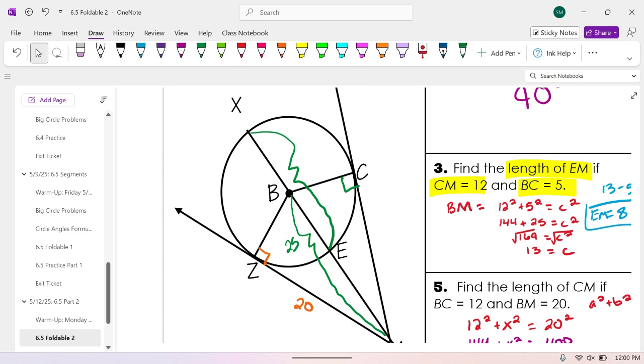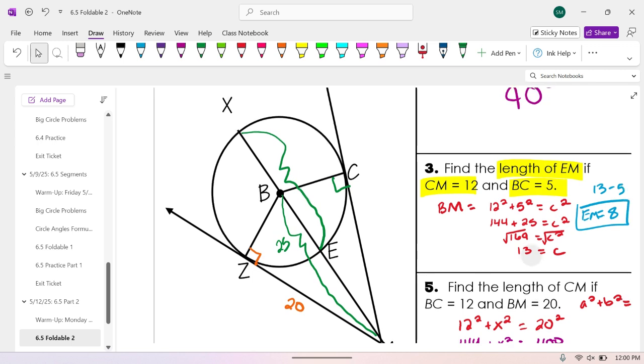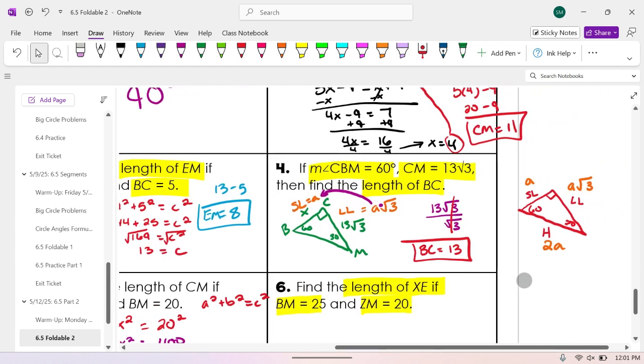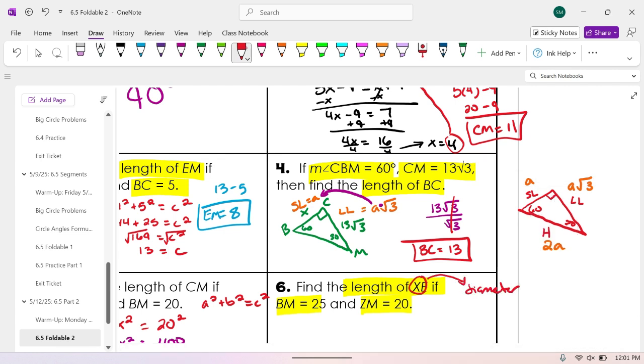So I'm given this segment and this segment. So if I'm given the diameter, it is equal to what in terms of the radius? How do I get the diameter from the radius? I multiply the radius by 2. So it's twice the radius.